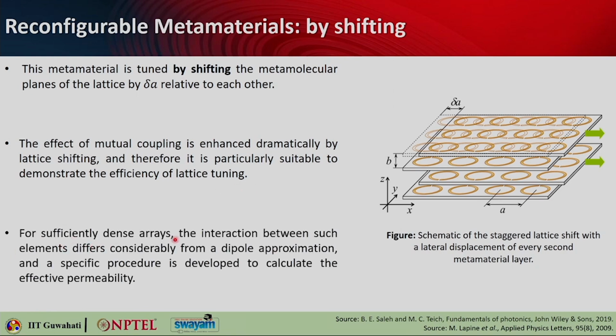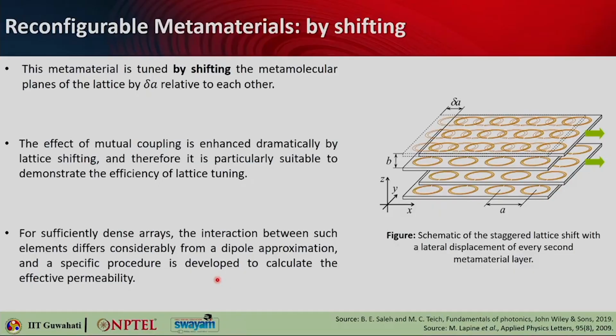So for sufficiently dense arrays, the interaction between such elements differs considerably from a dipole approximation. Here you can always think of multipoles which are interacting, because the interaction becomes very strong and only the dipole approximation will not be able to consider all the effects. Multipole means quadrupole, octupole and so on, and they are also interacting with each other.